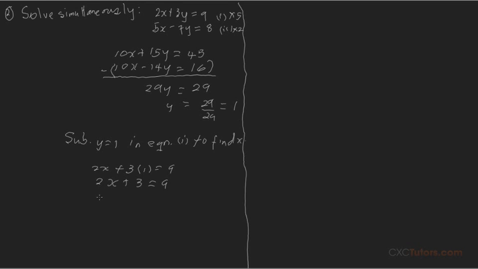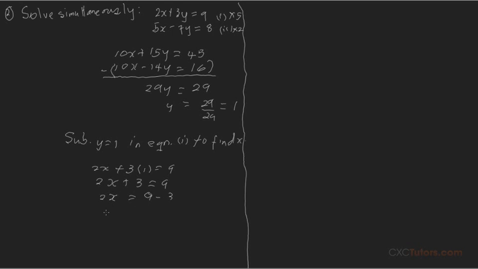Then make 2x the subject first. We have to get rid of a 3 from the left hand side, and in order to get rid of a positive 3, we have to subtract it. So we subtract 3 from both sides of the equation. Plus 3 minus 3 is 0, so that becomes just 2x, and that is equal to 9 minus 3 on the right hand side.